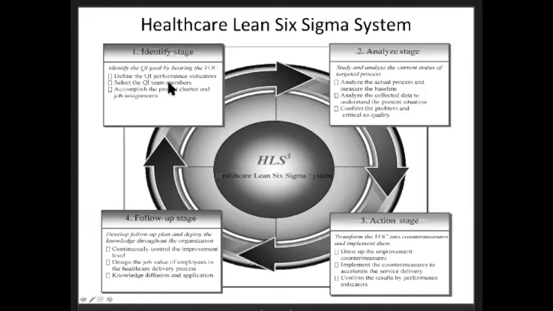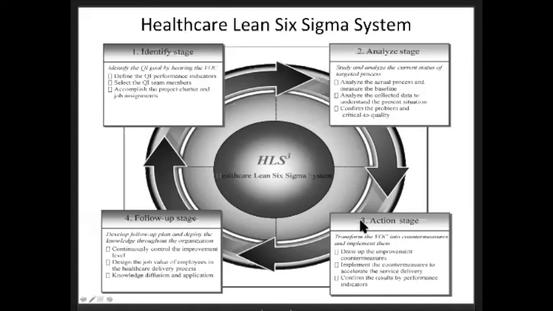Select the team members at this stage and accomplish the project charter, which is the definition of the project, the boundary of the project. The second is the analyze stage, which is to study and analyze the current state of your targeted process. This is the current state map that we talked about. So you analyze the actual process and measure the baseline, analyze the collected data to understand the present situation.